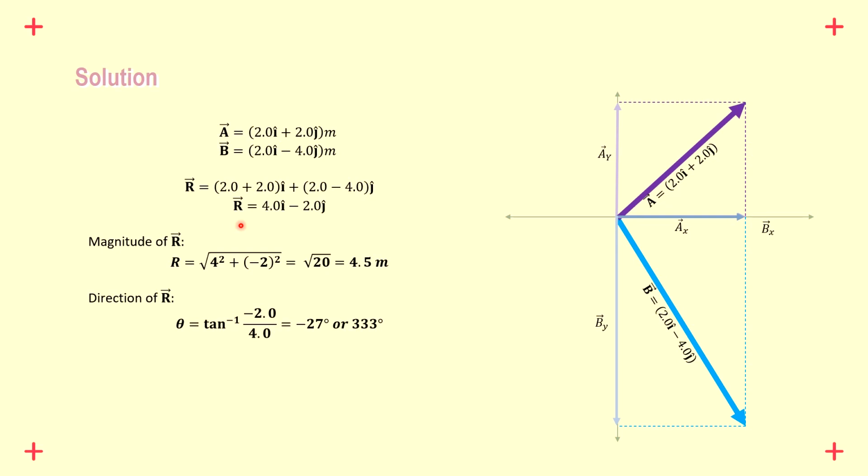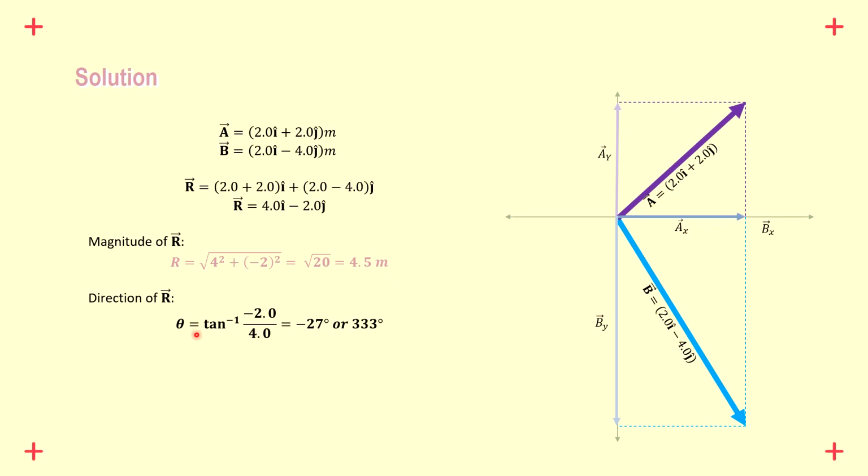We can obtain that by converting this rectangular notation into polar notation. To obtain the magnitude of R, we use this formula: R is equal to the square root of x squared plus y squared, which is the square root of 20, which is also equal to 4.5 meters. Now for the direction of R, simply use the formula, tangent inverse of negative 2 over 4. So we have negative 27 or 333 degrees.